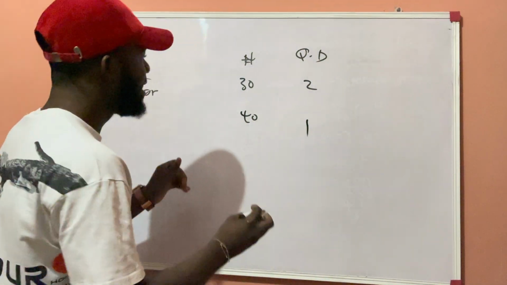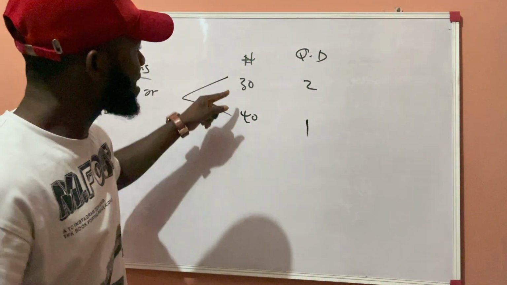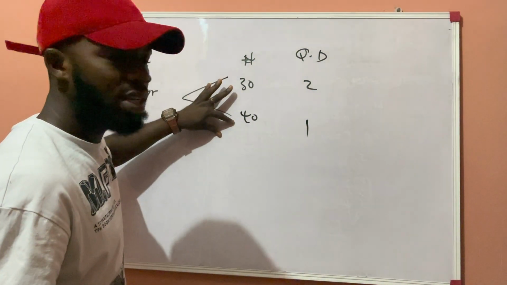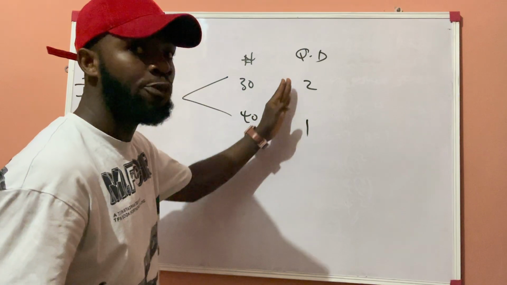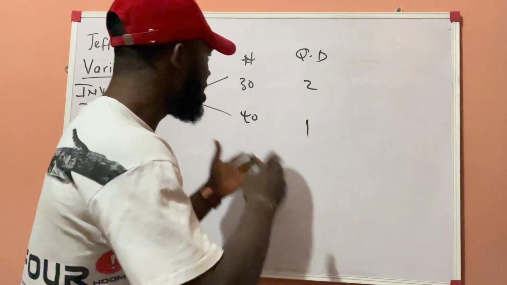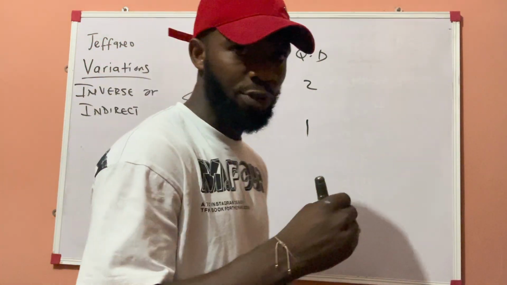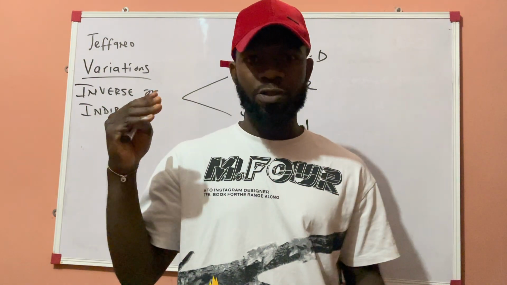What has happened? This is an inverse relationship, because as the price increases, the quantity demanded reduces. That is the reason why the slope of a demand curve is negative.